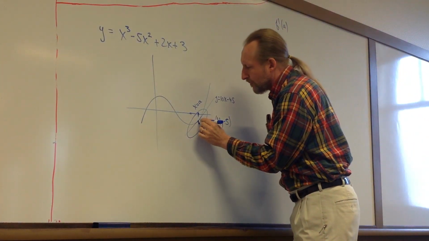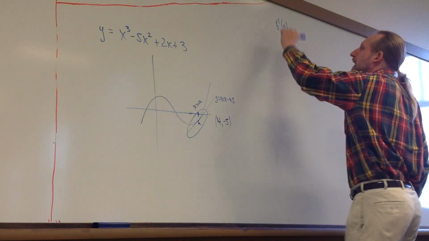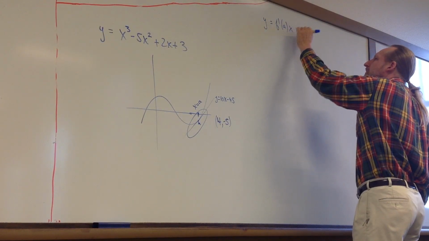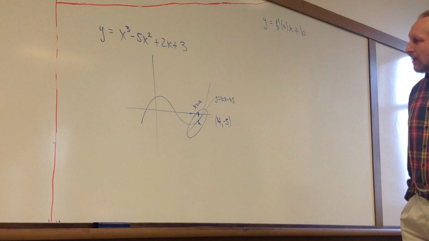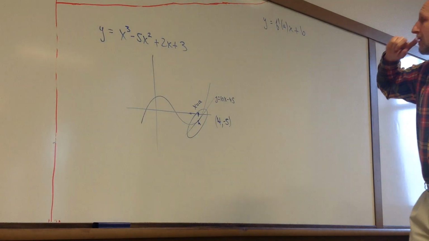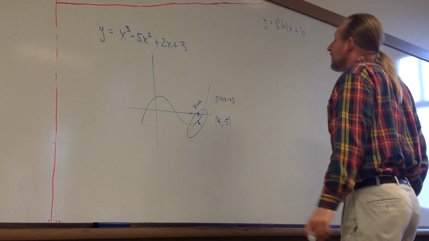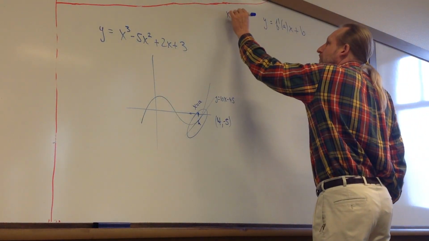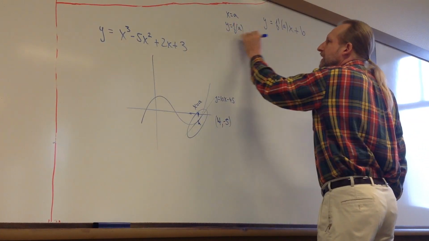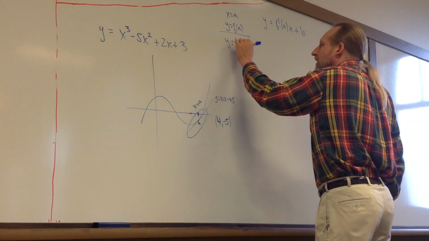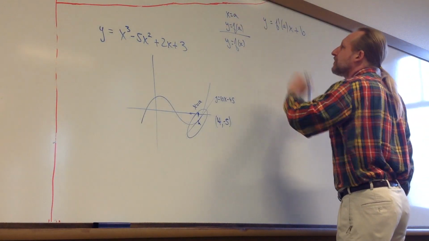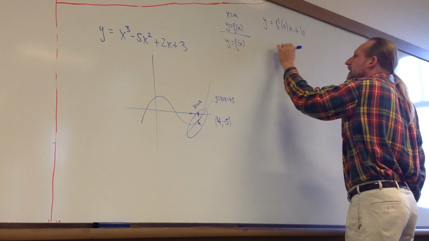We need to know the slope of the curve at that point, and then our equation will be y equals f prime at a times x, and then we've got this y-intercept value, right? So at the point where x equals a, y is equal to f of a, if we're working with some generalized function y equals f of x, right? So at the point a, f of a, we can plug that in here.